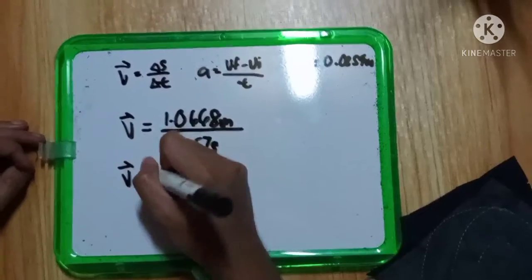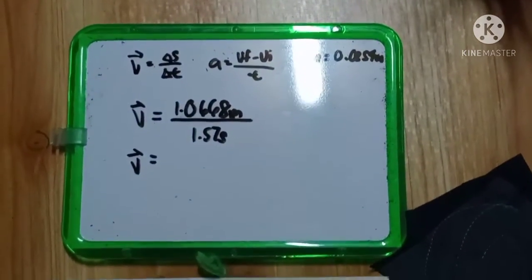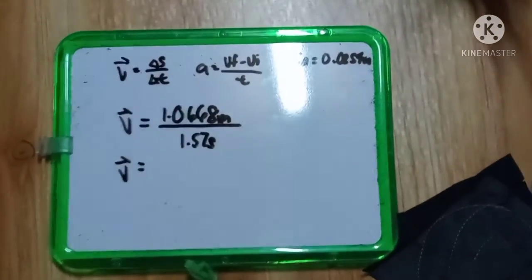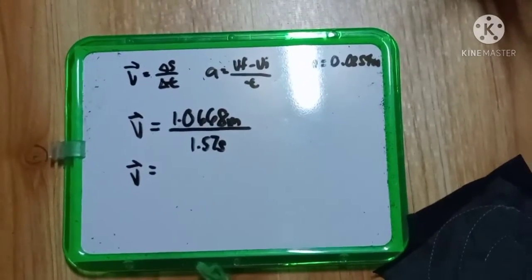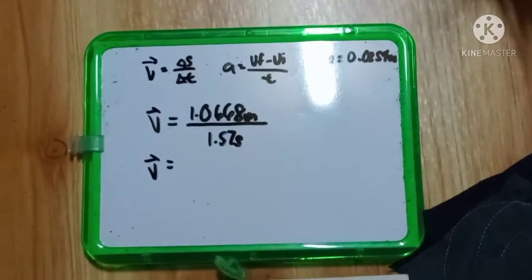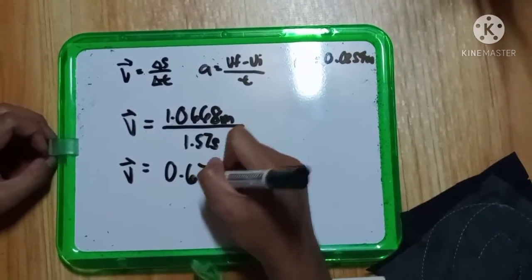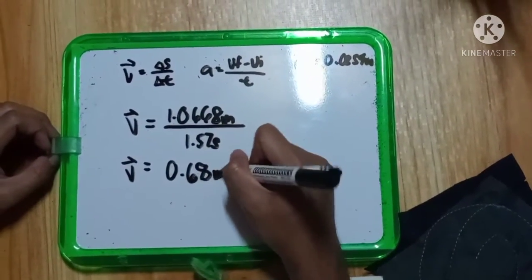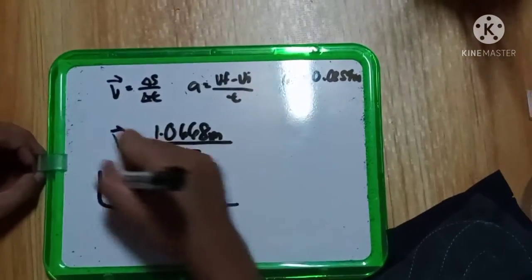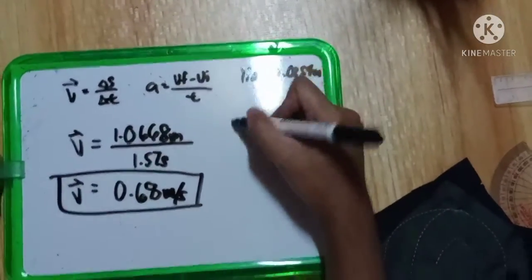Now the velocity is 1.0668 divided by 1.57. We will come up with the answer 0.68 meter per second. This is our velocity for the seventh strip.